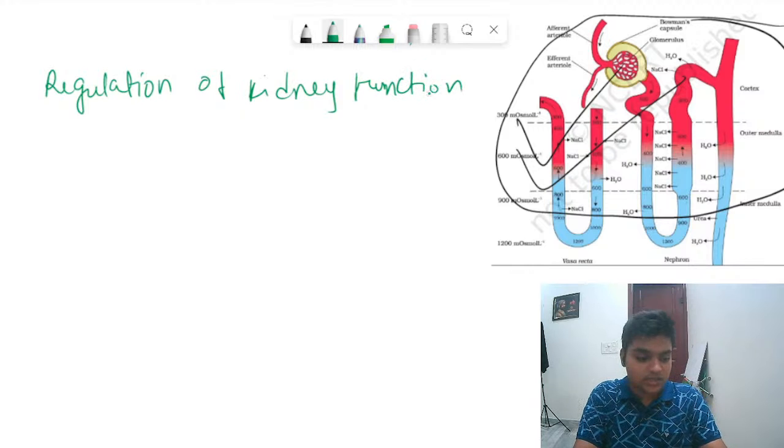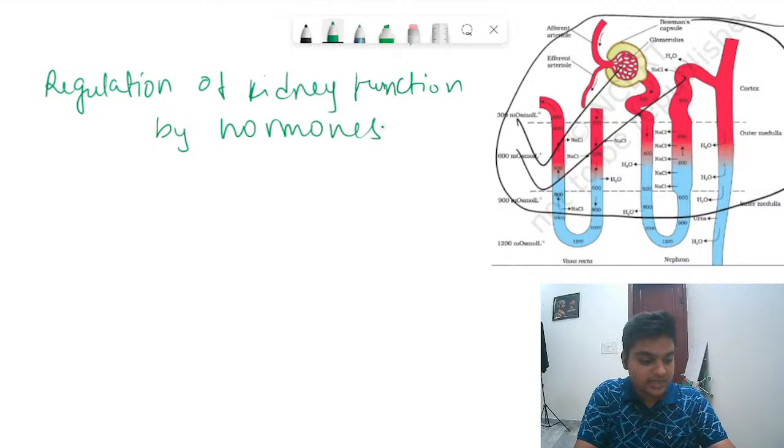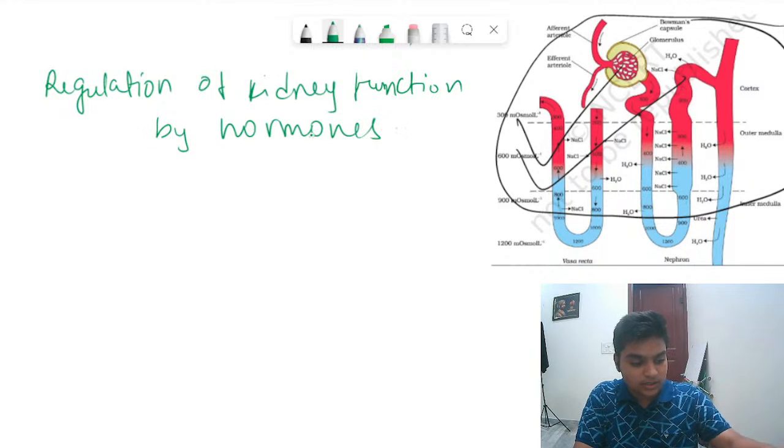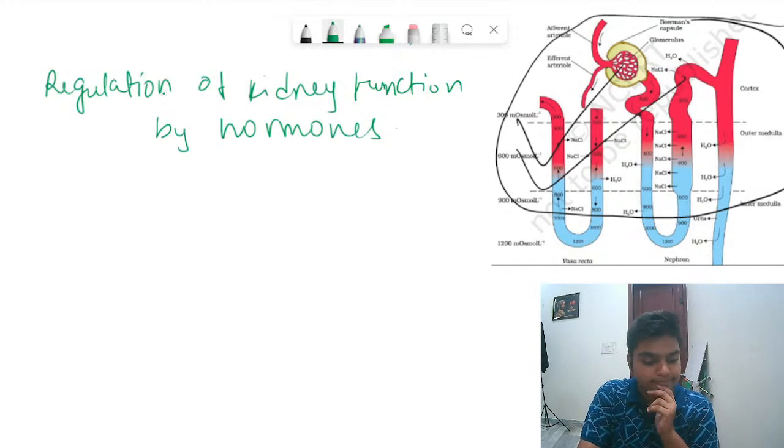Basically, we will be discussing different types of hormones which affect the functioning of the kidney. We will be discussing basically the hormones which affect the functioning of kidney.